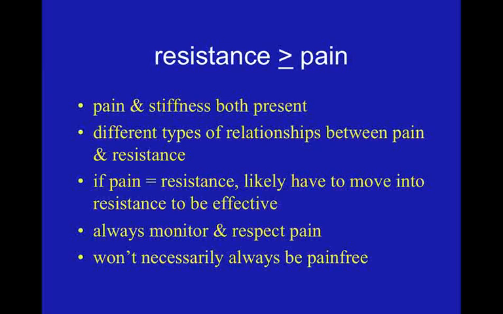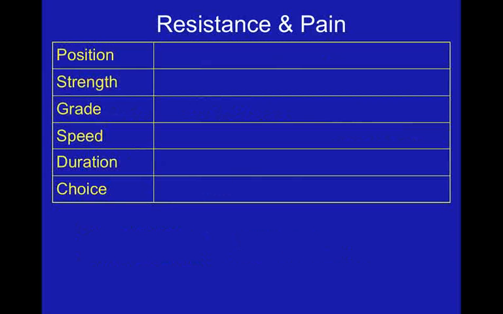But if pain is still quite dominant, then you have to monitor and respect that. So these techniques won't necessarily always be pain-free, but it will depend on the irritability of your joint picture as to how much you can start to move into, at least into R1, maybe not.